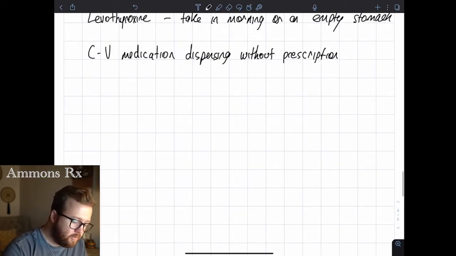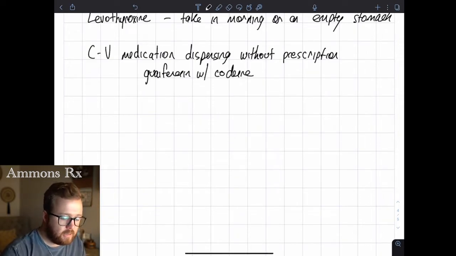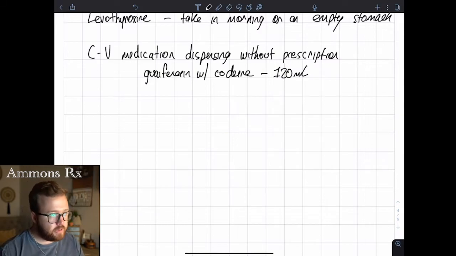But when you think of guaifenesin with codeine, the maximum they can get is 120 milliliters. Okay, a lot of states are changing these laws, but as of now, 120 milliliters without a prescription.